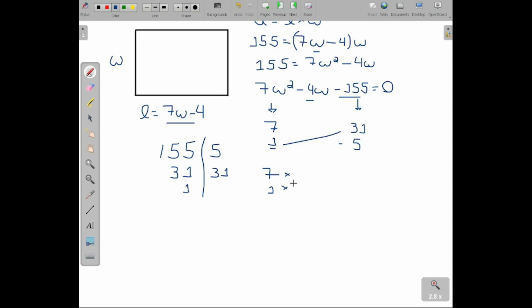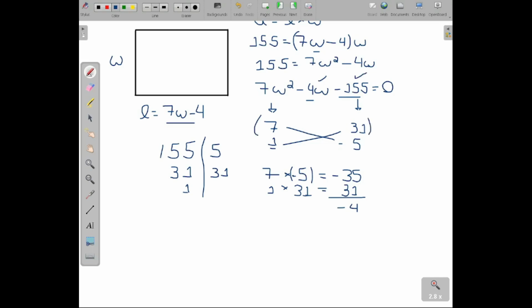So let's check that. 7 times negative 5 is negative 35, and 1 times 31 is 31. If we add them, the answer is negative 4. So yes, we got negative 4 and we have negative 155.